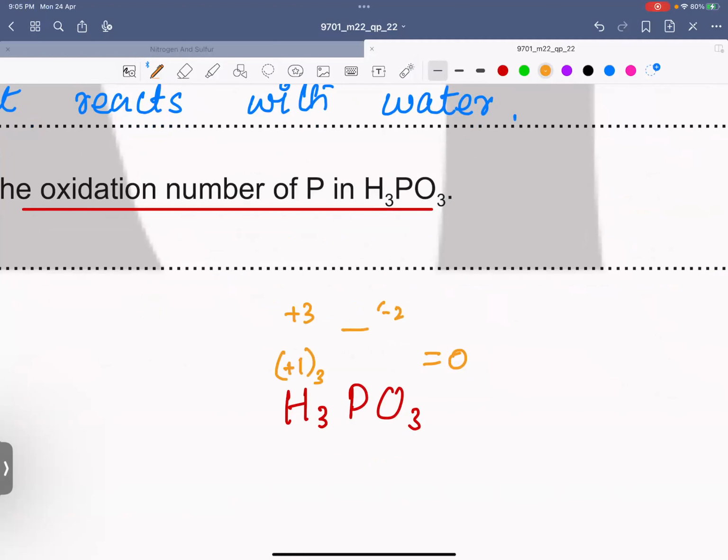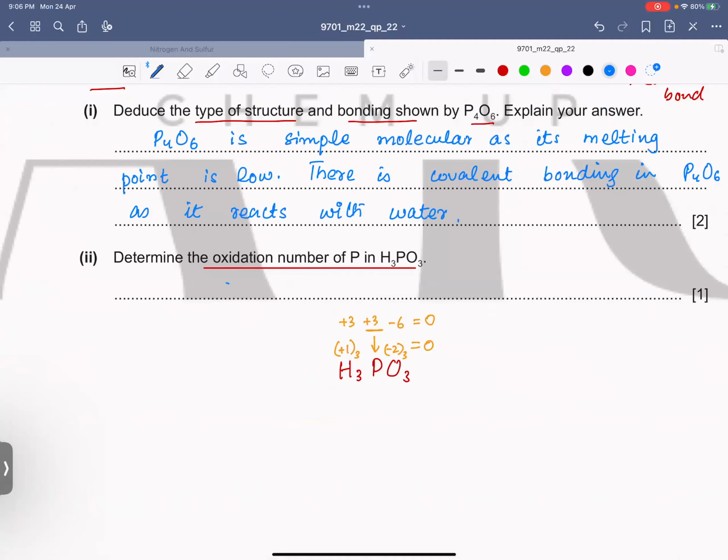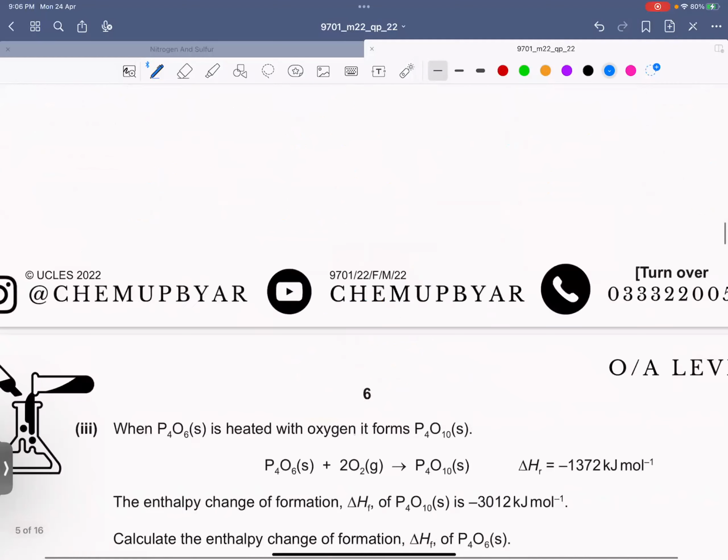Oxygen is -2, and there are 3 oxygen, makes it -6. And we get a net charge of 0. So here, there must be a +3. So the oxidation number of phosphorus is +3. Okay.